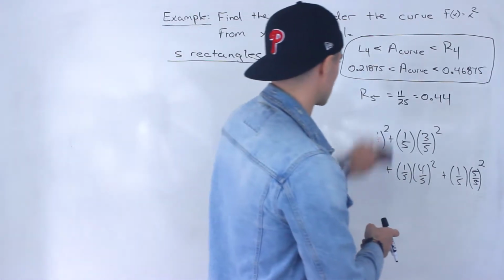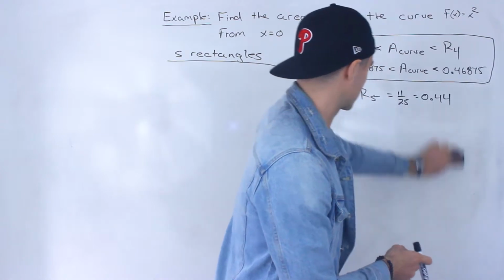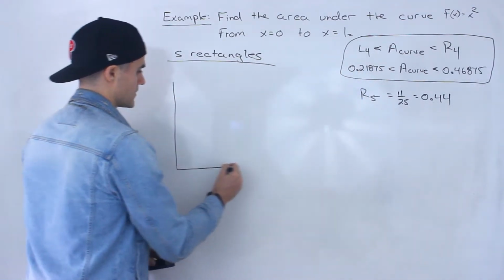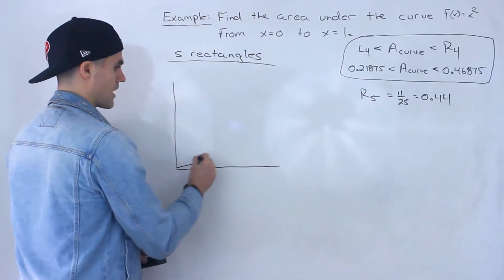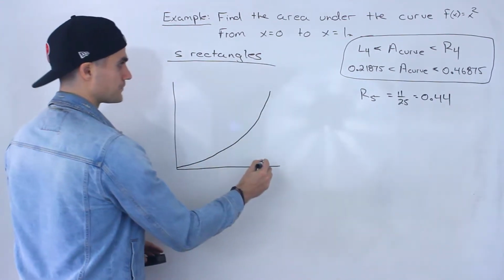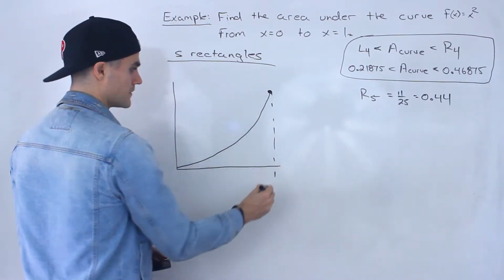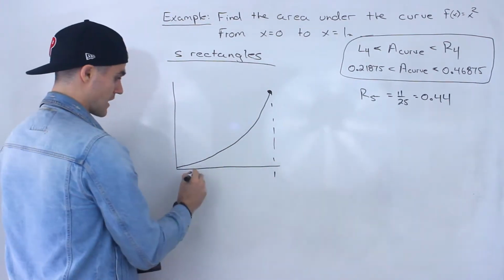Right, so let's redraw this again. So we got the parabola. I'm going to make it kind of wide. So we got an x value of 1. Then let's split it up into 5 intervals again.